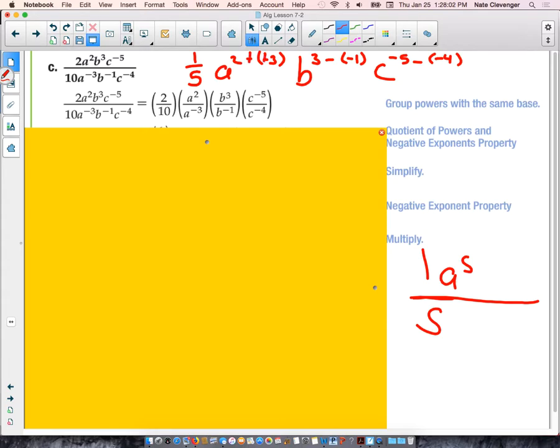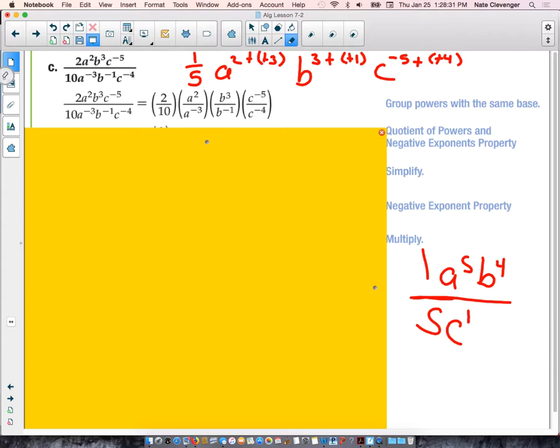And then 3 minus -1 again would be b to the 4th. And then plus plus would be c to the -1st. But I'm going to go ahead and move that down to put it like the book had been doing it, where the positive exponents. So this is going to go down and become c to the positive 1st.